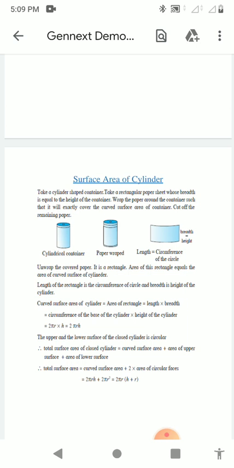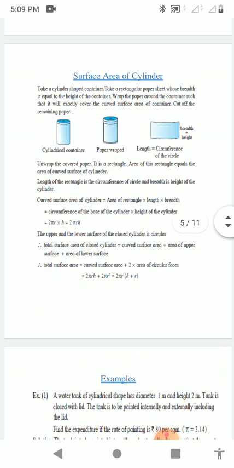Taking 2 pi r common in brackets, we have h plus r as the remaining terms. So the final formula for total surface area becomes 2 pi r into h plus r. Based on these two formulas, in this session we are going to solve some numericals.